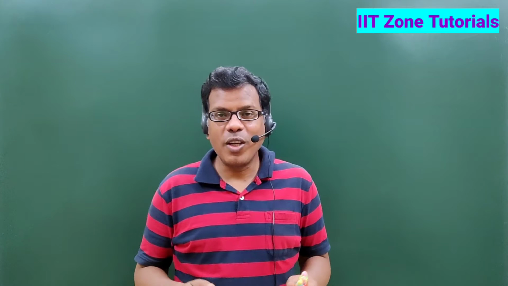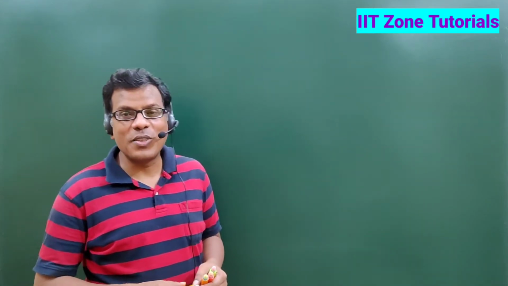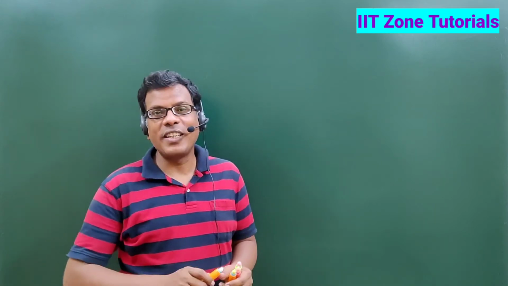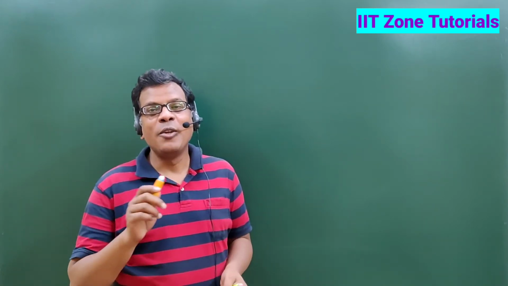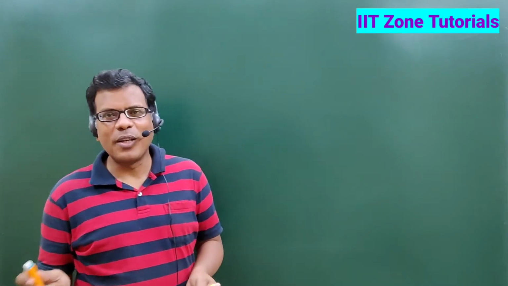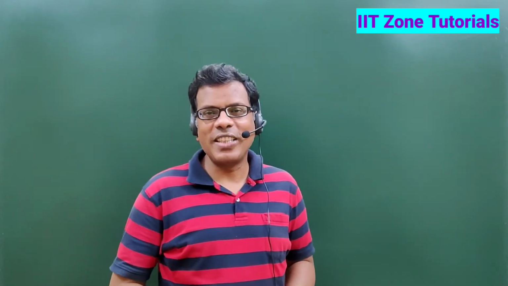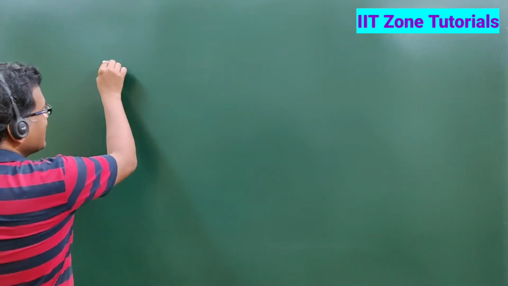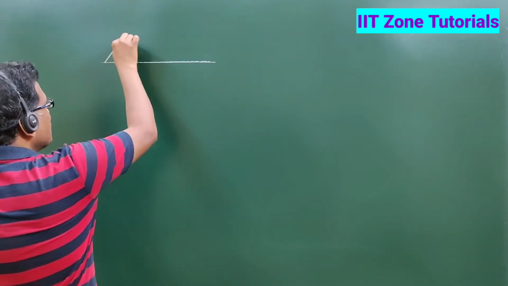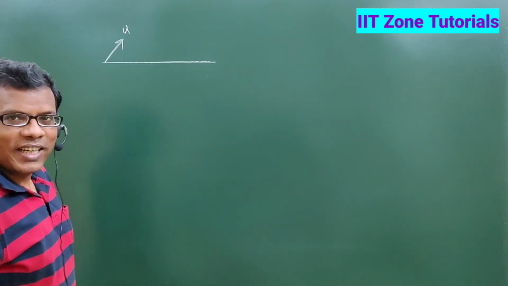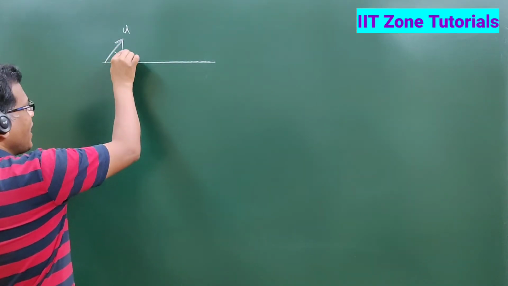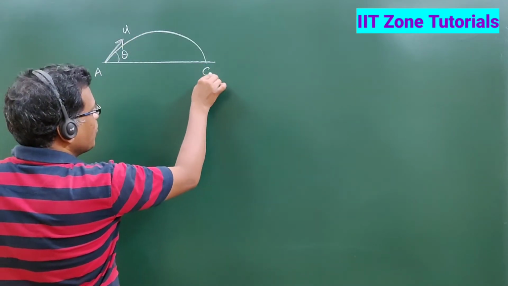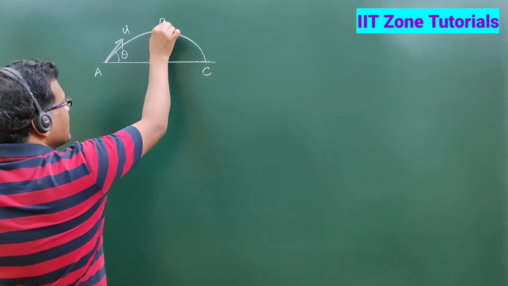This formula is the time taken to travel from one point to another in a projectile, and it is only applicable when a particle is projected with some velocity u at an angle theta starting from A and discussed up to the point C, B being the highest point.